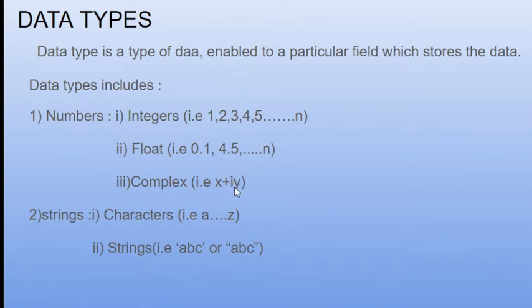So what is a string? A string is basically a group of characters. Here, as you can see, I have written an example: single quote ABC or double quote ABC. To represent a string, we write it in between single quotes or double quotes.